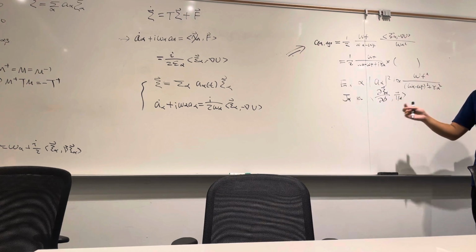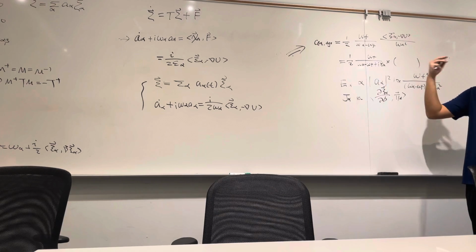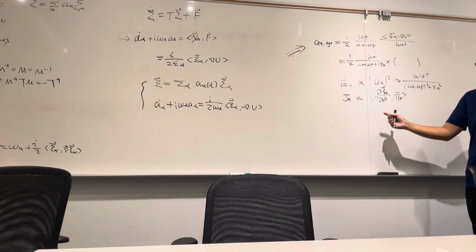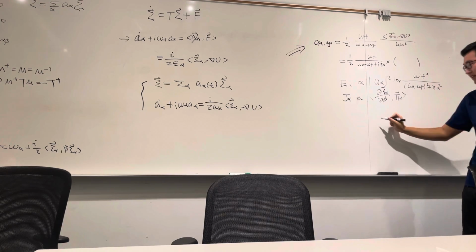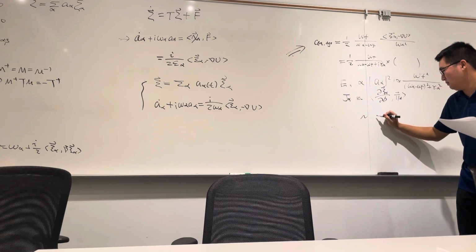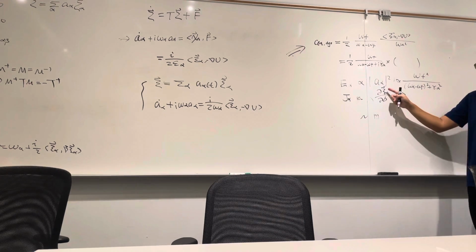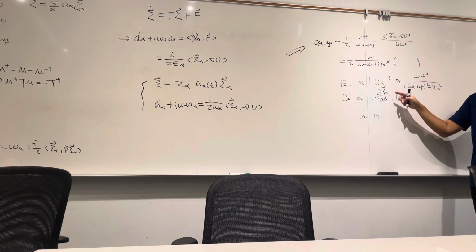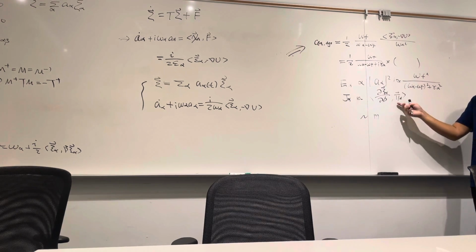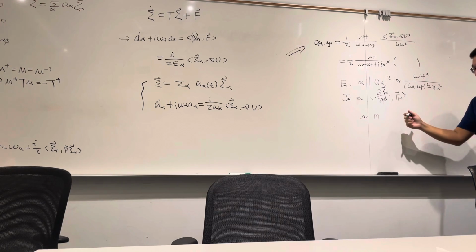If we expand the mode in spherical harmonics, this will just give you an m, so it is proportional to m times something proportional to the amplitude, and of course the momentum is also proportional to the amplitude.